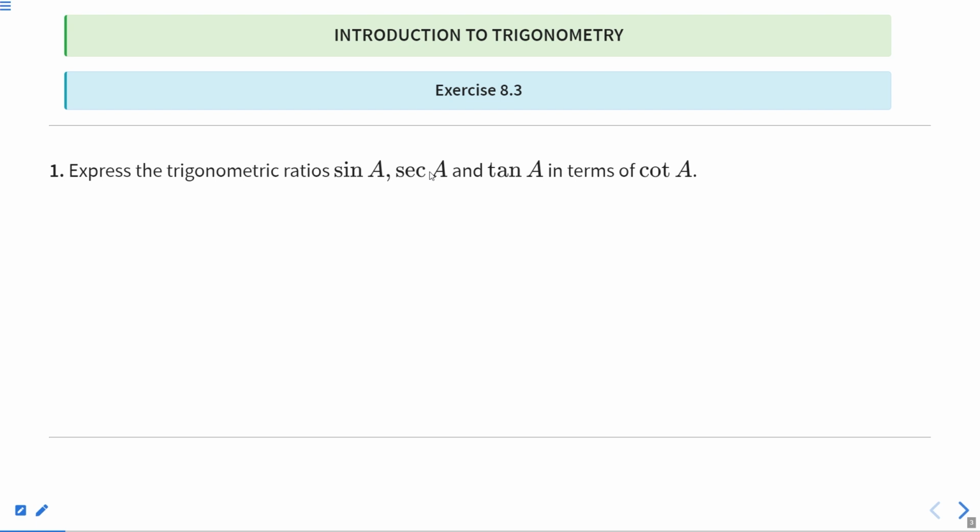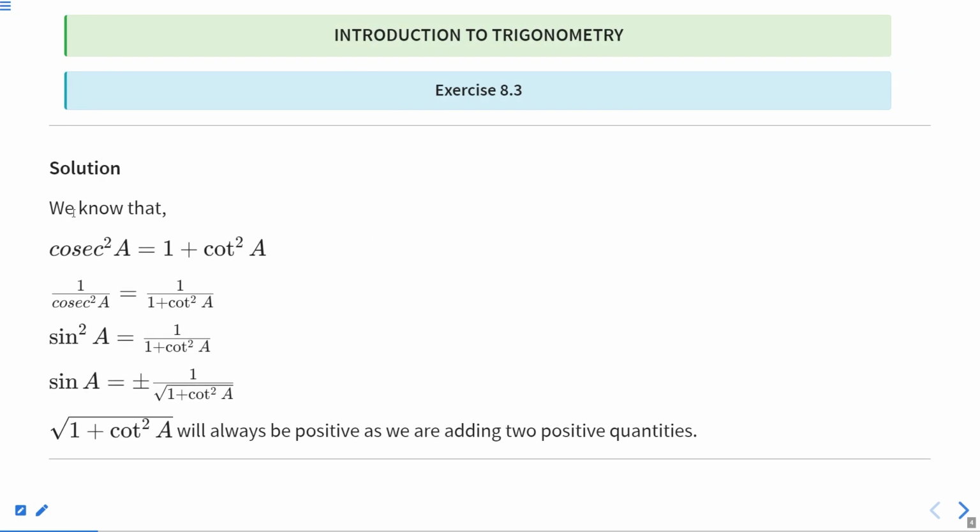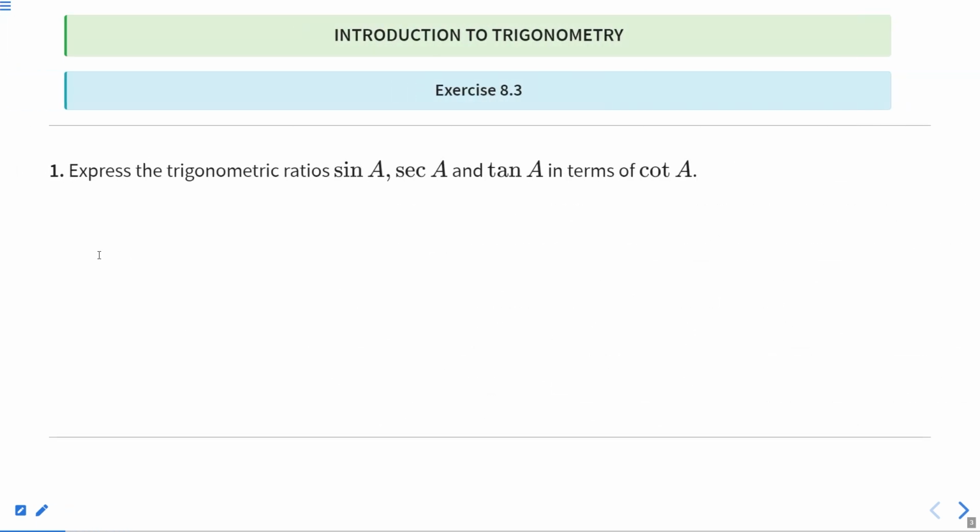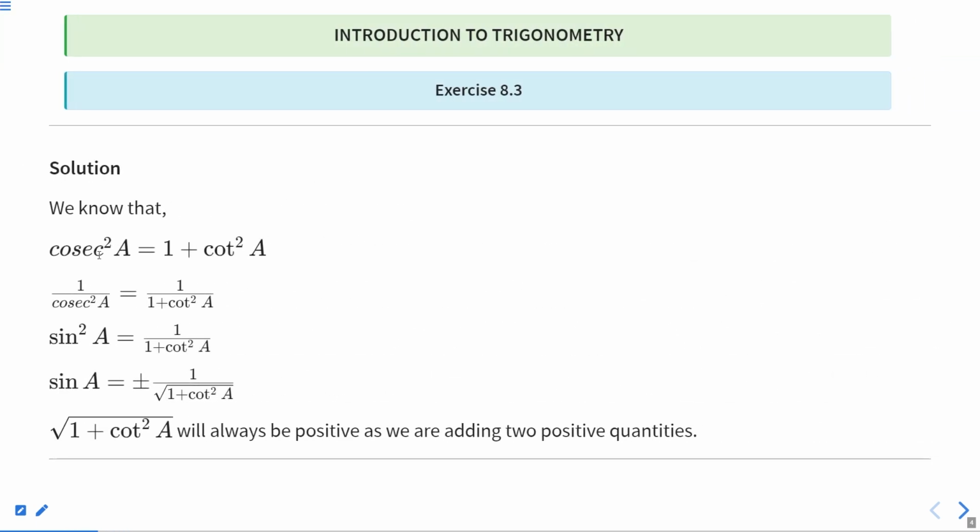We know this identity: cosec square A is equal to 1 plus cot square A. If we use this identity then we can express sin A, sec A and tan A in terms of cot A.